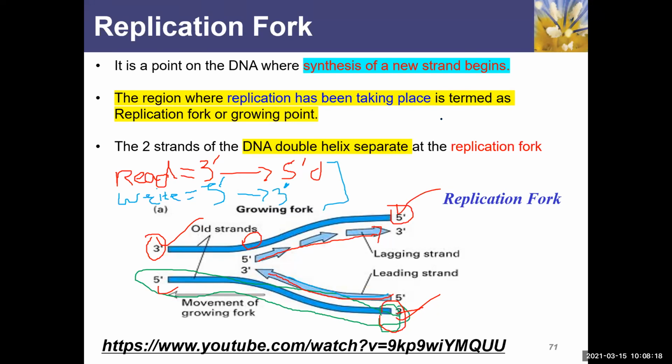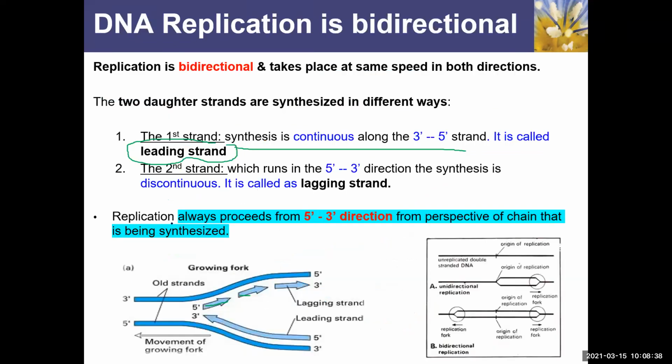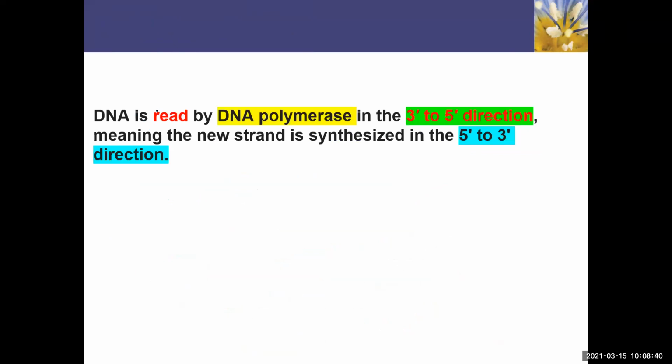So the parent strand is always read from 3 to 5. So in the parent strand, there's no question of leading and lagging. But when it comes to forming a new strand, remember it's always 5 to 3. That is why I have put here, DNA is read by DNA polymerase in 3 dash to 5 dash direction.